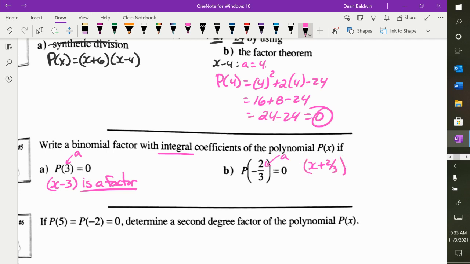But what is the other way to write this with integral coefficients, so that I get an a value of negative 2/3? 3x plus 2. That's how they want you to write it. When they say integral coefficients, they want that, not x plus 2/3. And do you understand why it's plus? Because it's x minus a, so I could go x minus, my a value is negative 2/3, so they switch the signs.